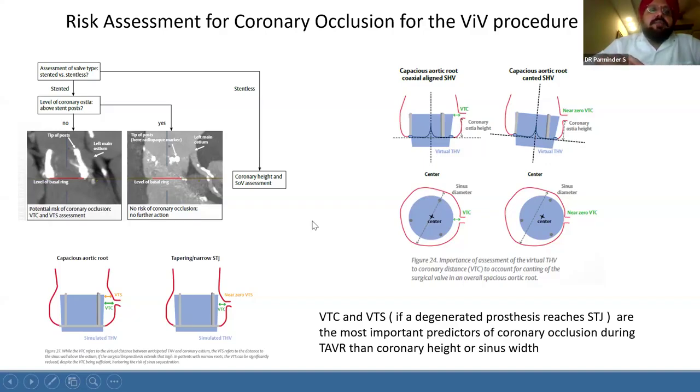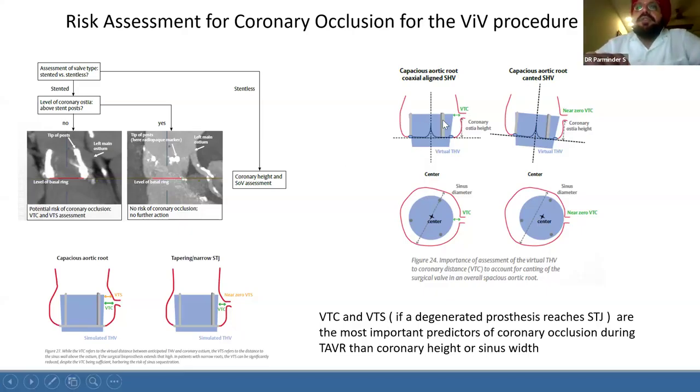Another important thing is the capacious aortic root versus a narrow STJ. A narrow STJ will predispose to coronary occlusion or sinus sequestration, like the figure on the lower panel shows, a small VTC and near zero VTS. That's valve to sinotubular junction distance.